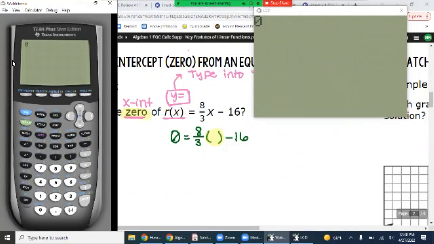So we're gonna type in 0. How do you get your equal sign? Second math. And alpha y equals for that fraction, 8/3 minus 16. Oh man, I forgot to store it. Whoops.